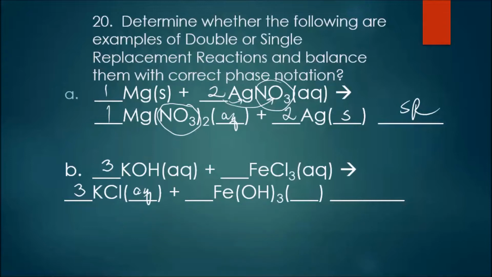How about iron and hydroxide? Is it a solid or AQ? Randy? Okay. Is this double or single? And he is correct. Double replacement. Guy, guy, girl, guy, girl, guy, girl.